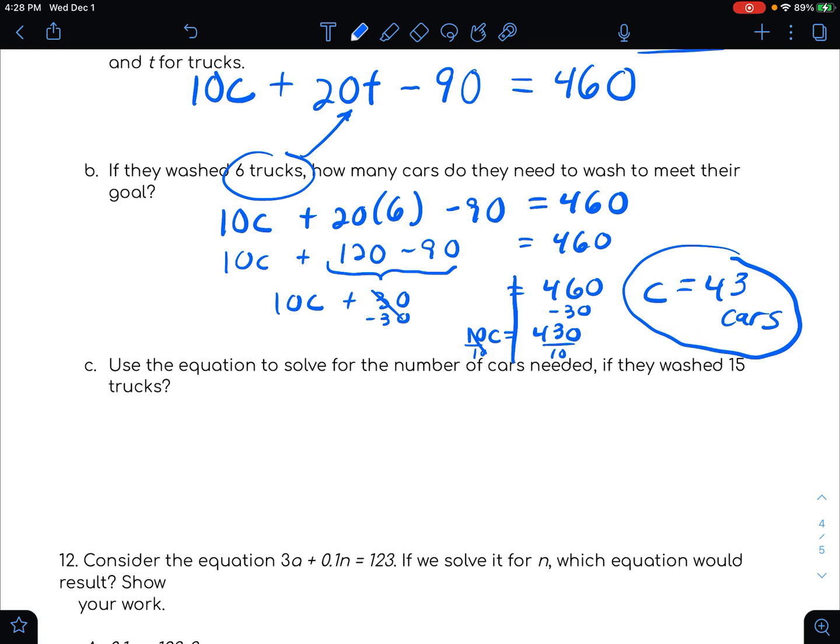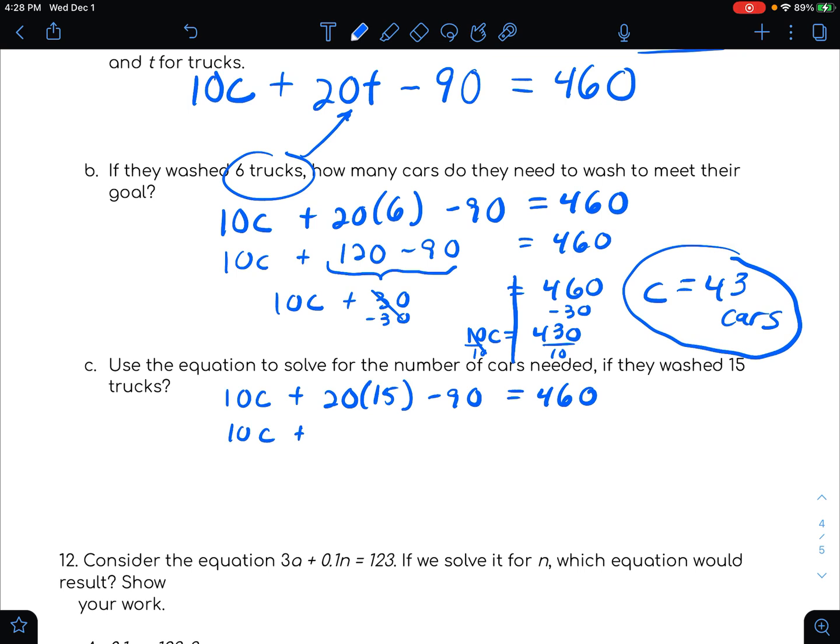Use the equation to solve for the number of cars needed if they wash 15 trucks. Okay, so I guess that's the same sort of situation here. So we're going to take a look at 10C plus 20 times 15 minus 90 is equal to 460.